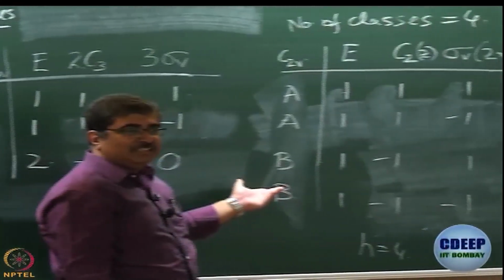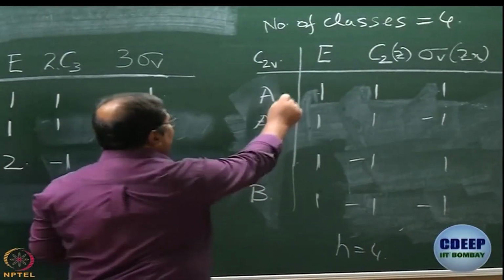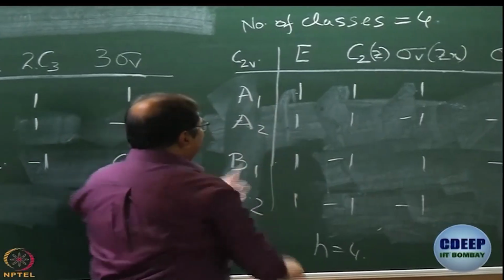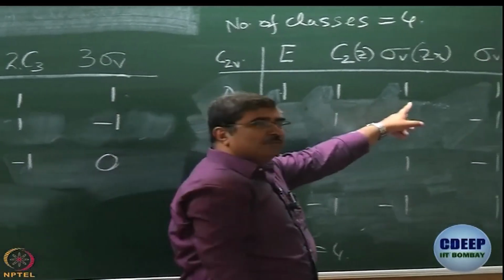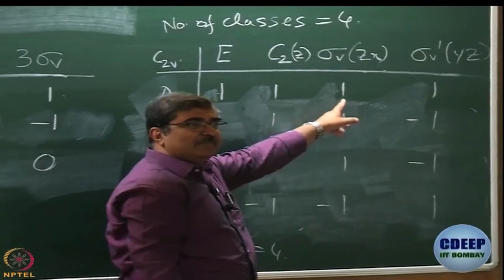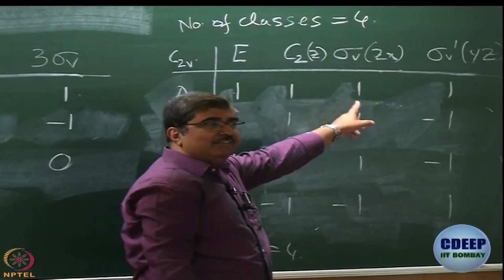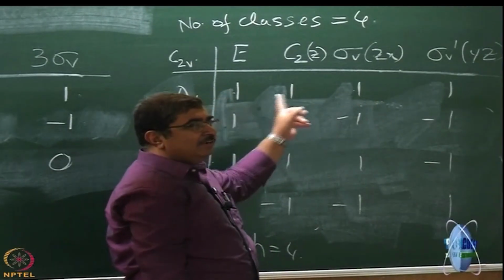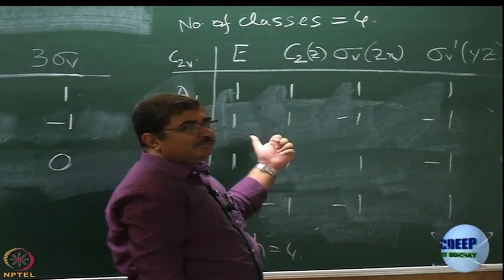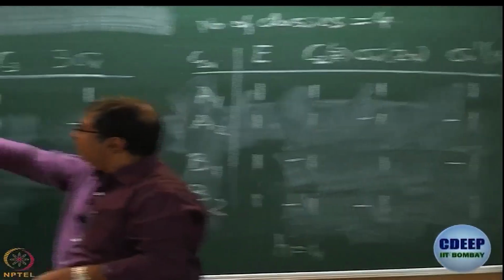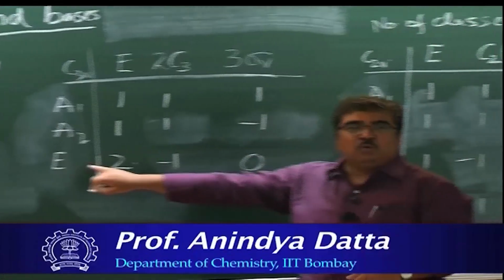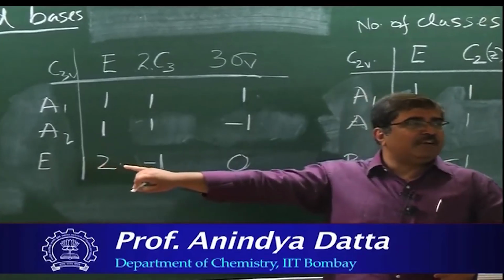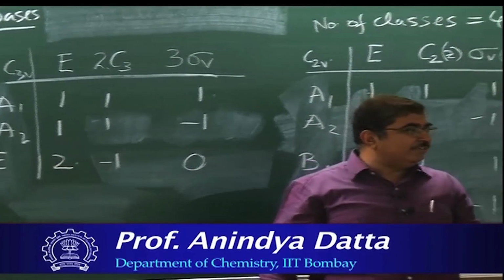How do I differentiate? So, I call this A1, A2, B1, B2. A1 on the basis of that, the next symmetry operation that is there, the plane, with respect to that, if it is symmetric, you call it A1, if it is antisymmetric, call it A2. So, here also this will be A1, A2. Here no further number is required for E because there is only one E, alright.